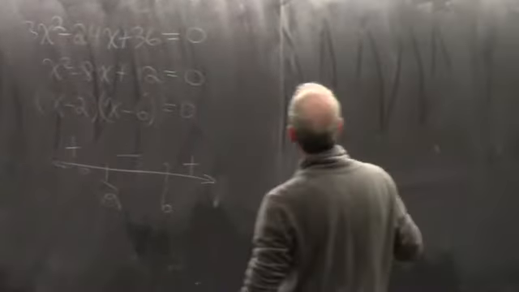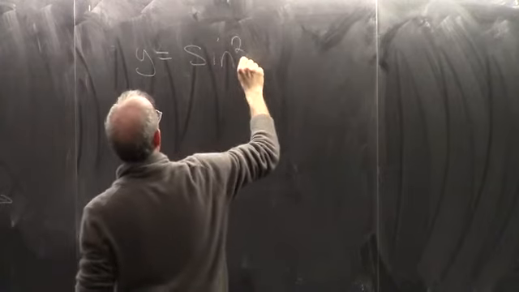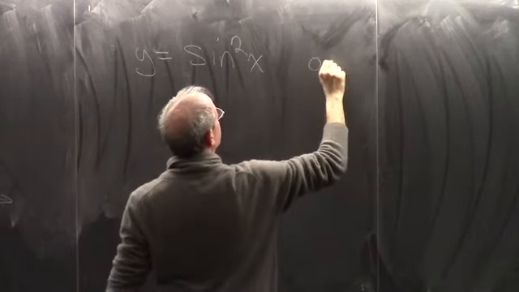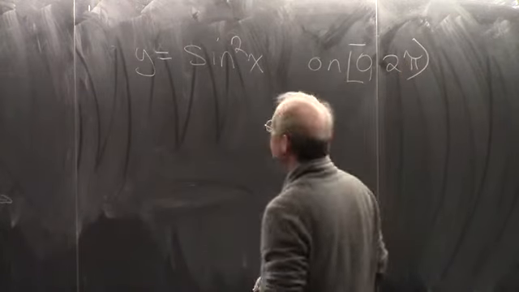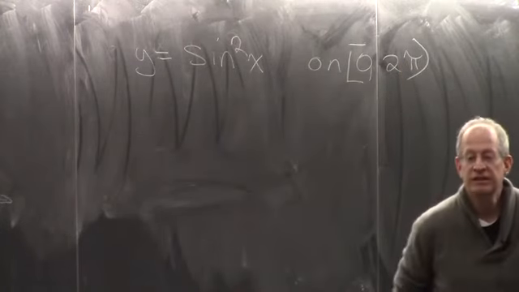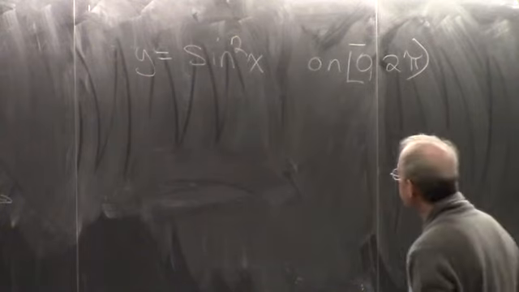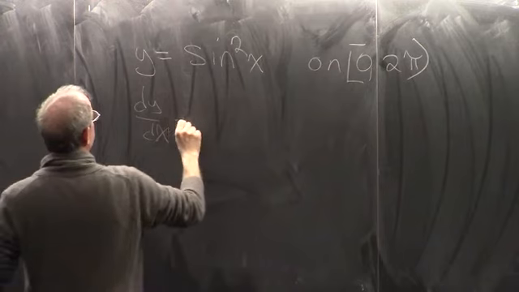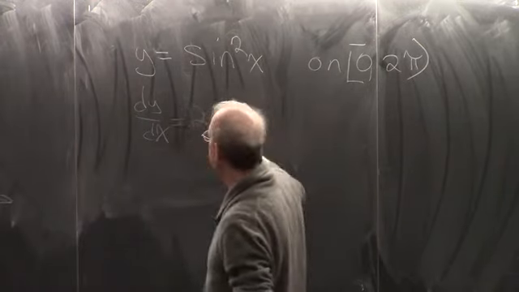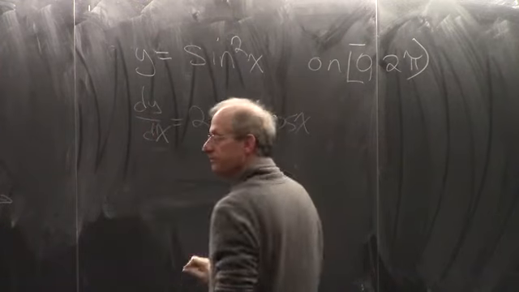Suppose we had something really evil like y equals sine squared x. I want to figure out where that is increasing or decreasing. So I would take the derivative: dy/dx is 2 sine x to the 1, cosine x.